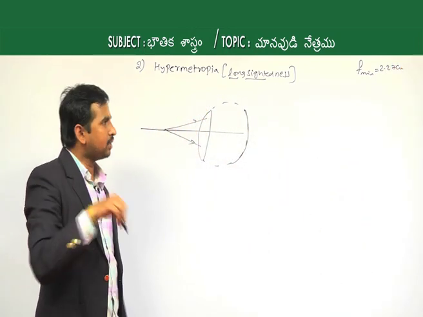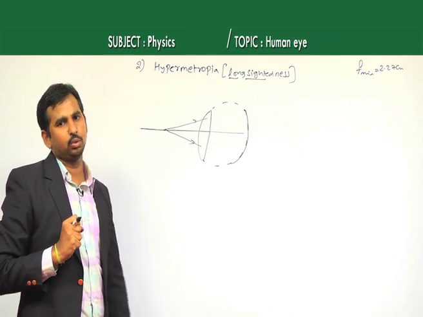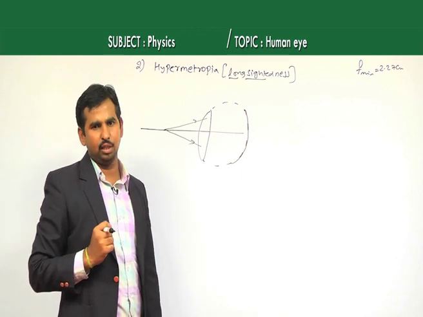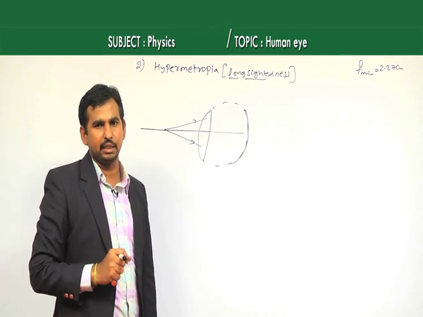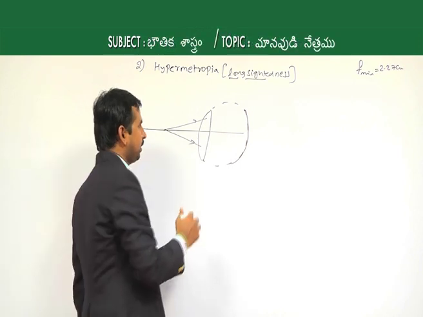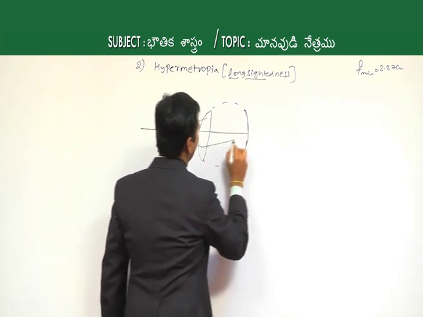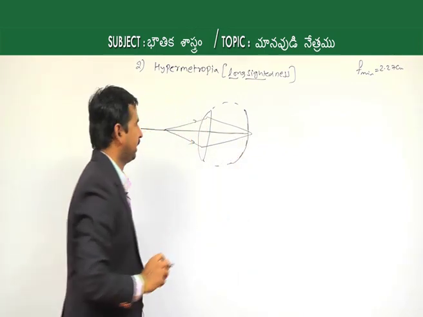But here, the eye lens is not able to contract up to that 2.27 centimeters; the focal length is always more than this 2.27 centimeters. Because of the larger focal length, the converging point is also at a long distance, which means the image is not forming on the retina. After the retina, the image is forming here, like this.